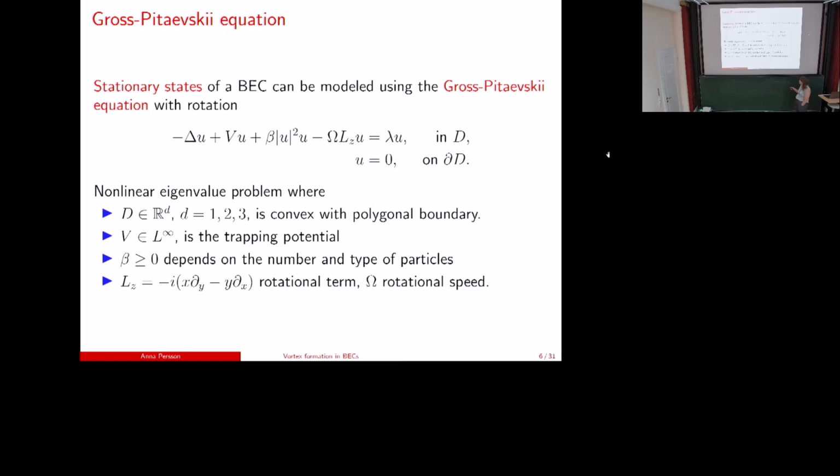It will depend on the number of particles you have and what type. And this L_z operator here is the rotational term, so it's rotation around the z axis. It rotates by using this term. And this omega will be the rotational speed.